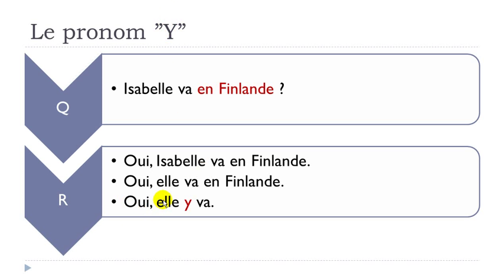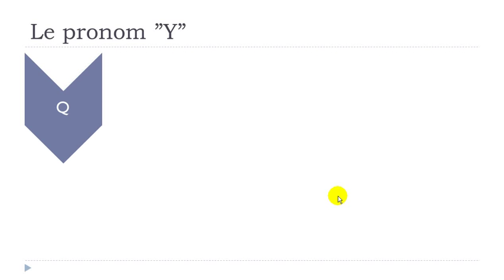So, oui, elle y va. So keep in mind that it's a pronoun and then it should be here just before your verb, okay? Elle y va. All right, so oui, Isabelle va en Finlande. Oui, elle va en Finlande. Oui, elle y va.